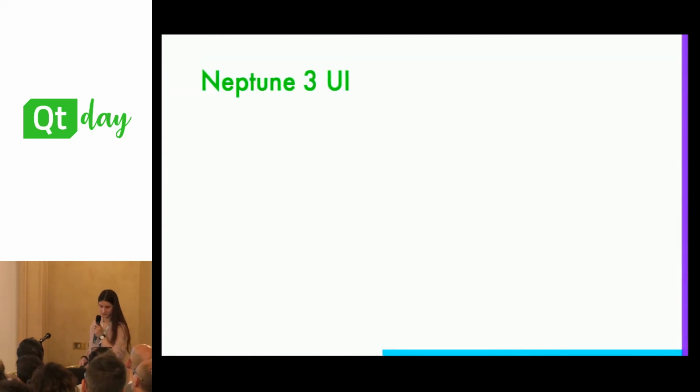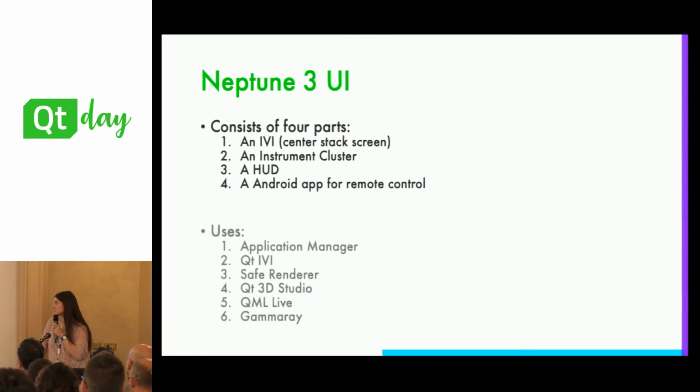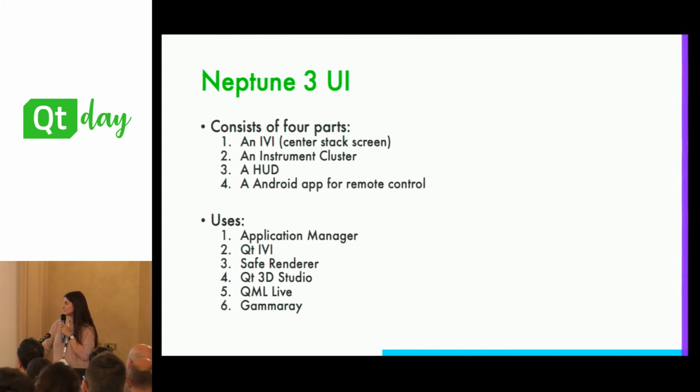So Neptune consists of 4 parts: the center stack screen, the instrument cluster, a HUD, and the Android application. And it makes use of Application Manager, Qt IVI, Safe Renderer, 3D Studio, HumanLife, and GammaRay.